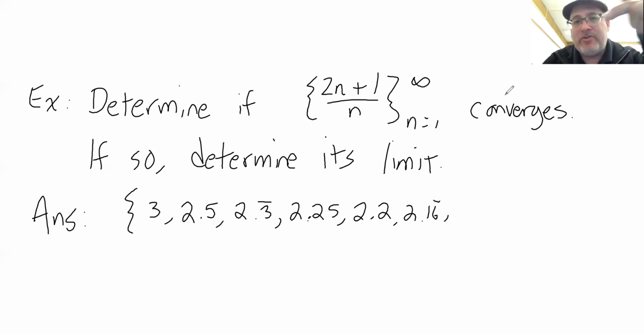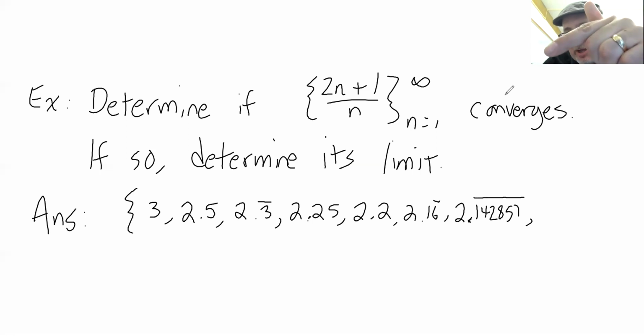If we put in 7 right here, we would get 15 over 7, which is 2.142857 repeating. Not everybody knows their sevenths, but I'm not everybody. That's the first obnoxious repeating decimal. And if we put in n equals 8 right here, we would get 17 over 8, which is 2.125.